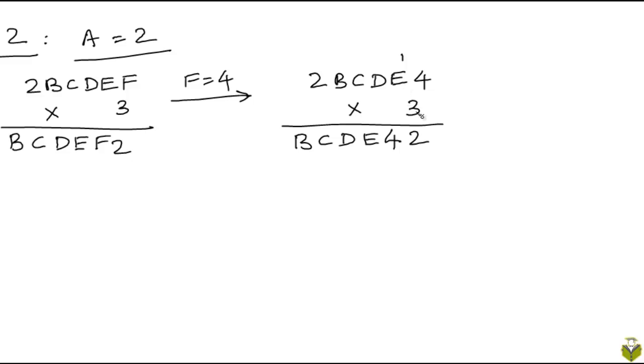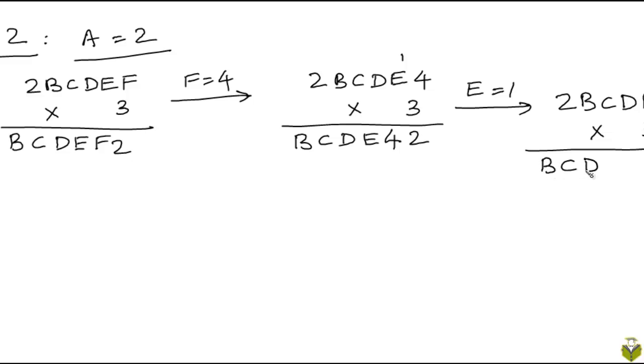Well, 3 1s are 3. So let's put E equal to 1, and we get 2BCD14 multiplied by 3, producing a result BCD142.